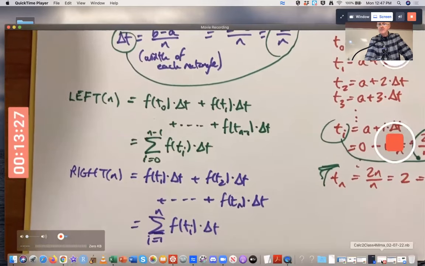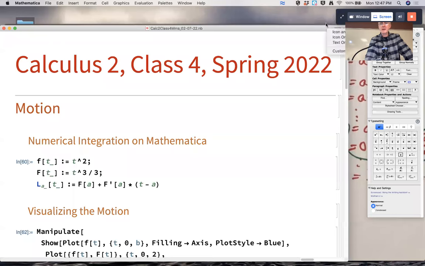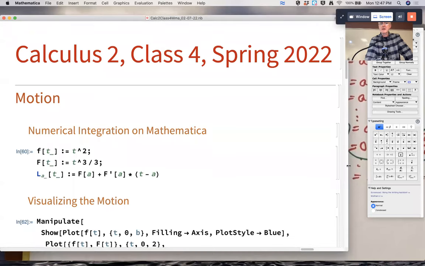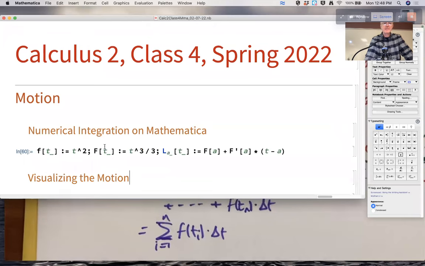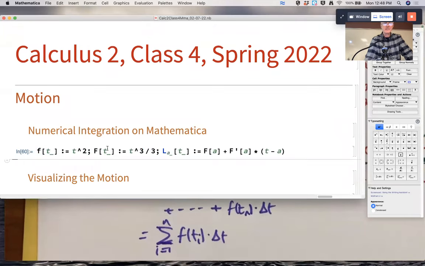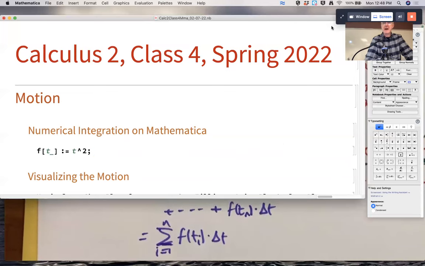So I will share this Mathematica notebook later today, but it would be good for you to write some things down anyway. Let me get rid of this stuff here. First, some information about Mathematica syntax.